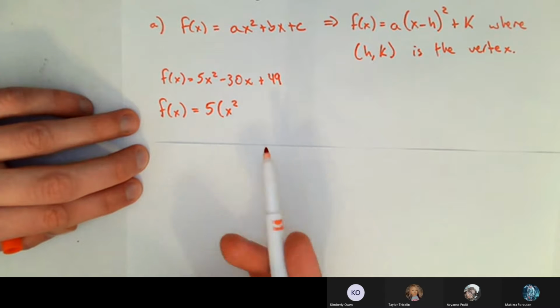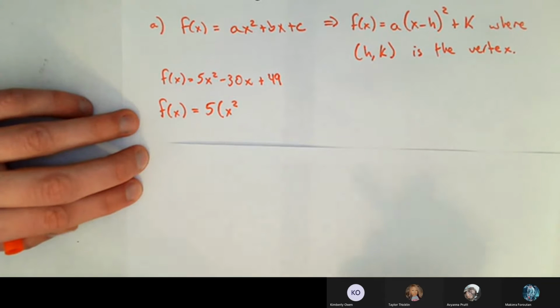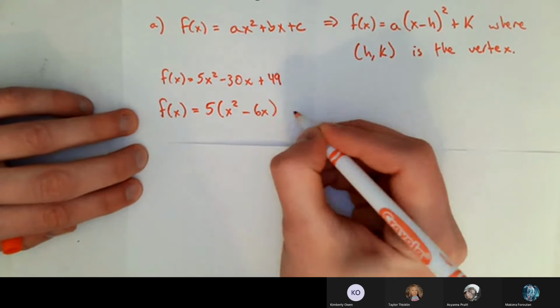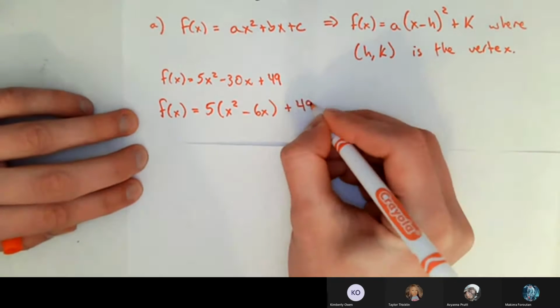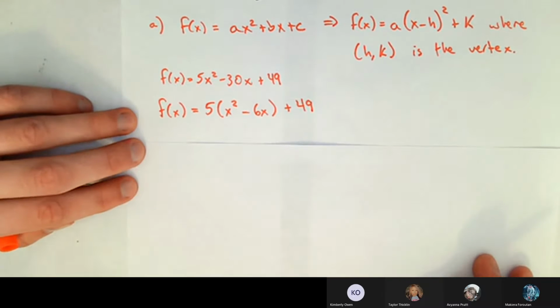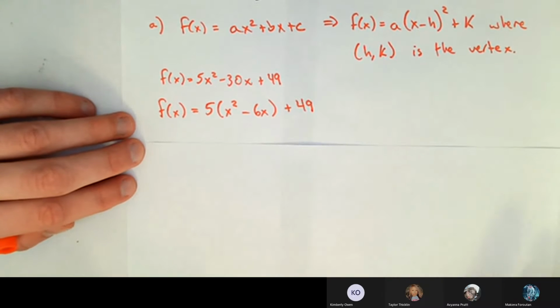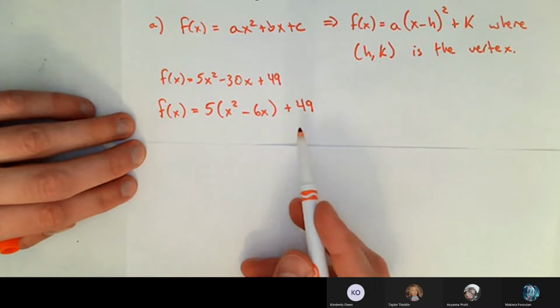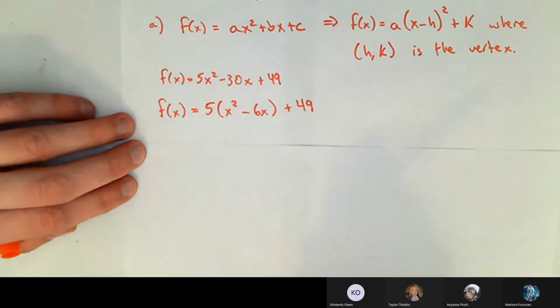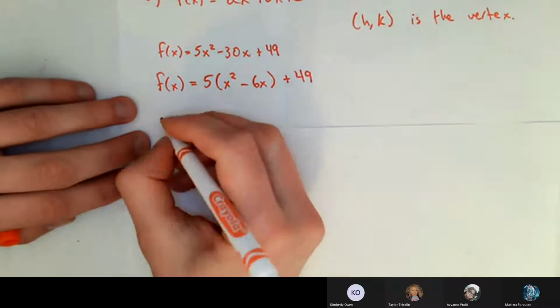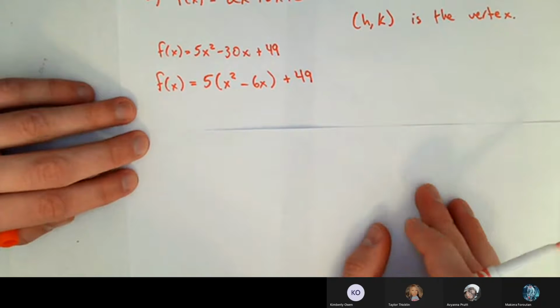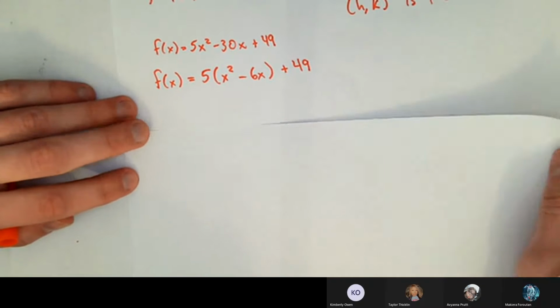Pulling it off the first term literally just means moving it off. Now the second term will become negative 6x, because pulling a 5 off of negative 30 leaves you with negative 6. And I'm only factoring it off of the first two terms. The 49 is just out here by itself. Now this next step is where all the magic happens.